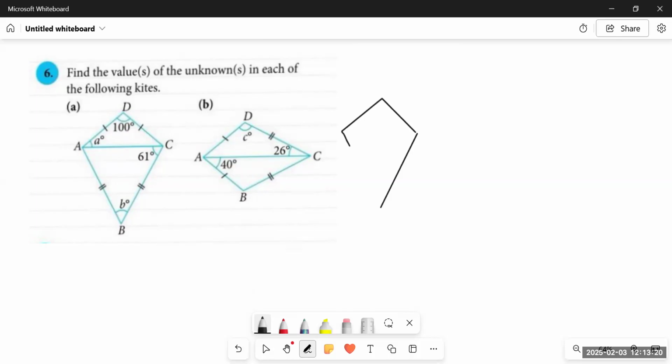This is how it looks if we draw it in the vertical position.